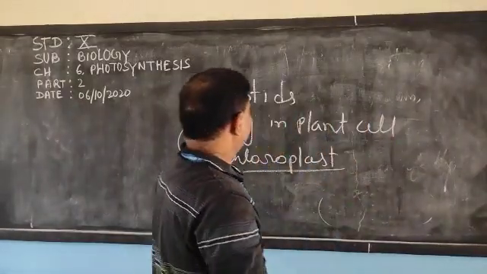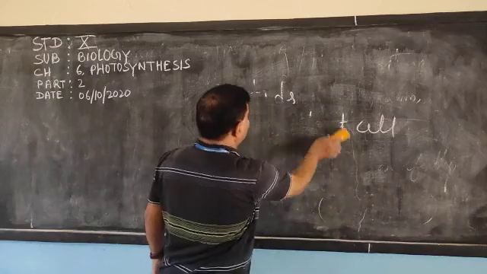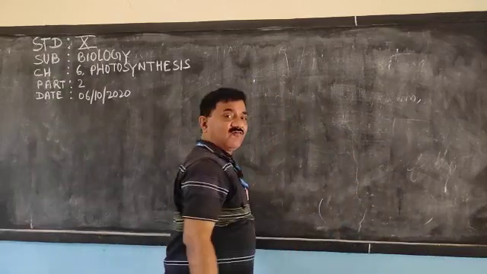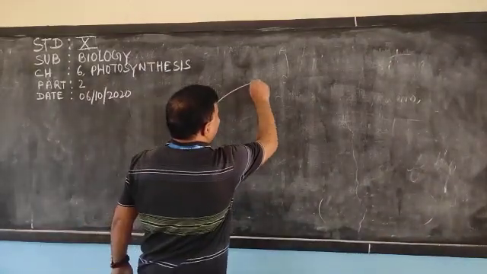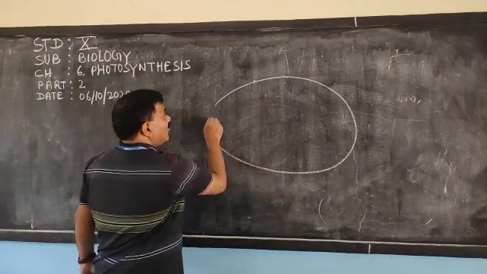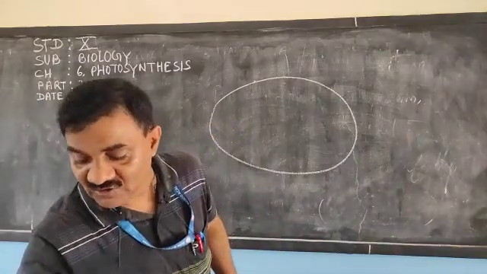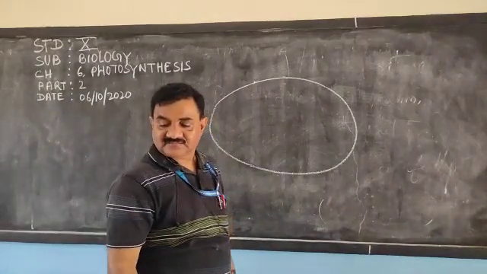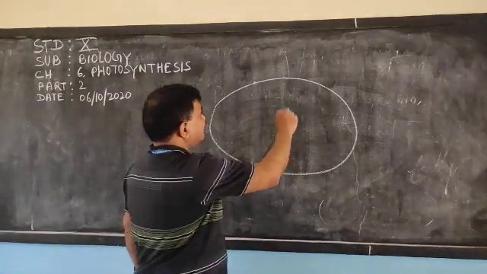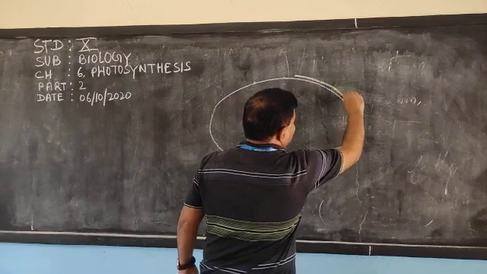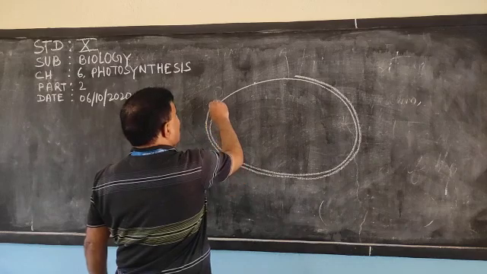And the diagram is necessary. It will be asked to draw. How to draw the diagram of a chloroplast? Let us discuss. First, it is a double-walled body, so you will draw an elliptical or egg shape. Since it is double wall, give a double wall.